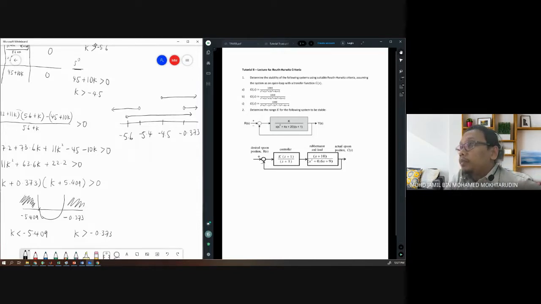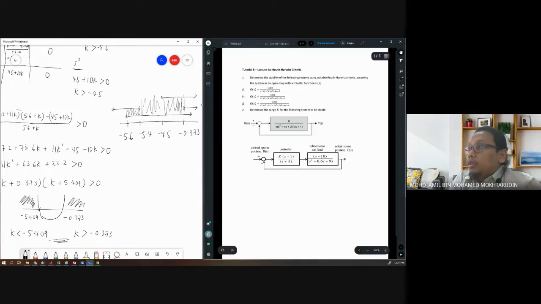And then from these three different ranges, k bigger than negative 5.6, k bigger than negative 4.5, and these two ranges here, we need to find the location on the number line that crosses or intersects all of the lines. Okay, so if you take this range, it only intersects two lines. If you take this range, only one line here. If you take this range, then only two lines.